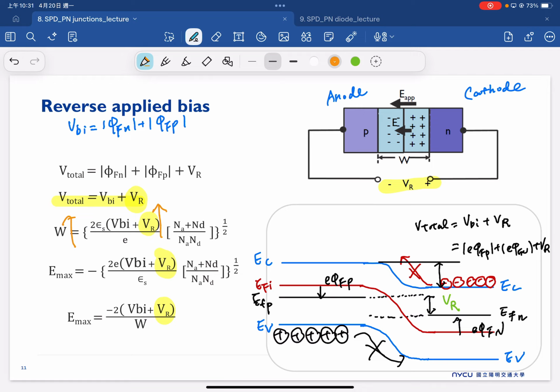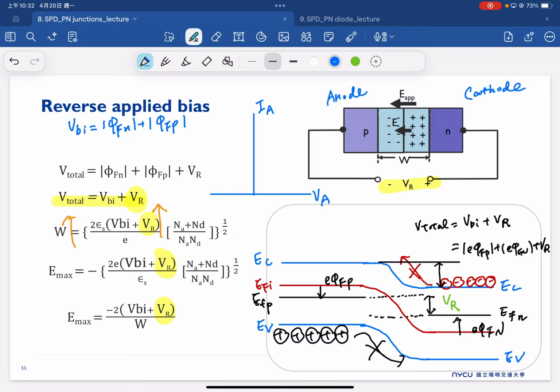Based on this understanding, if you think about the current versus voltage characteristic, because in the end the goal is to understand the current versus the voltage. In the diode, in the PN junction, we are interested in the current from the anode and also the bias in the anode region.